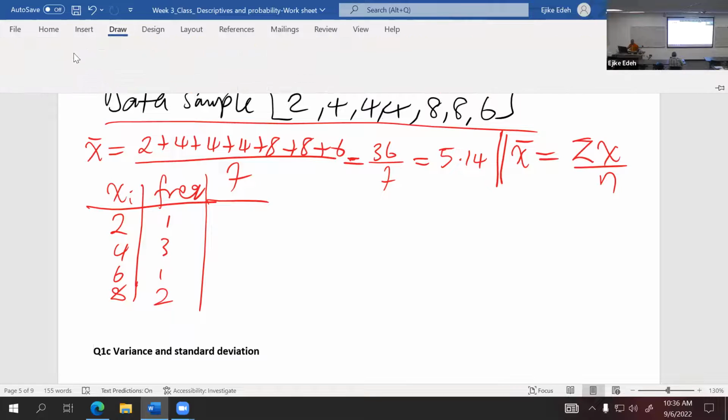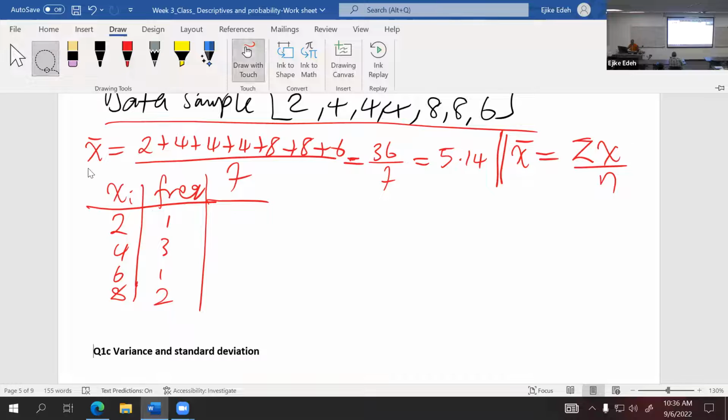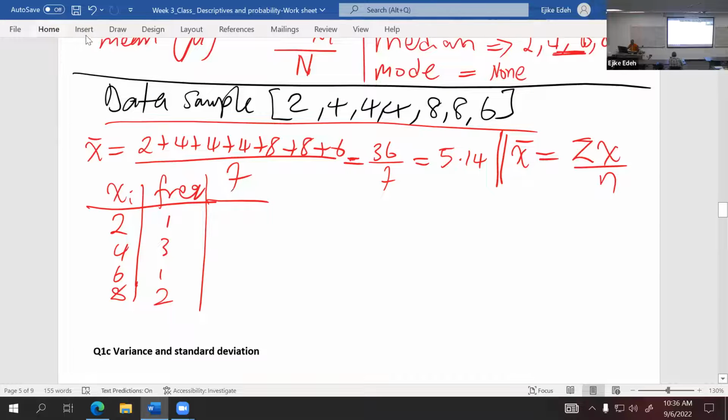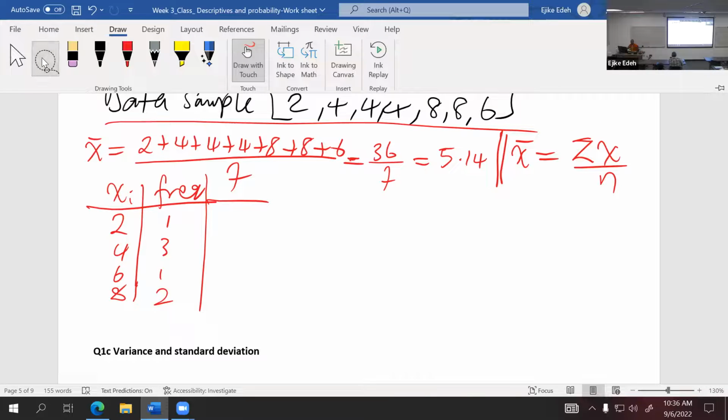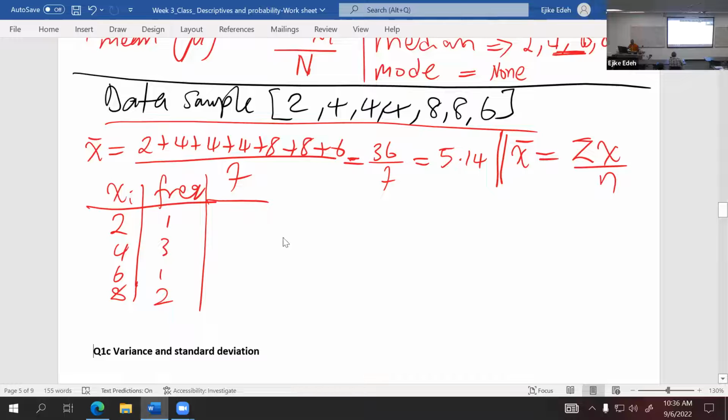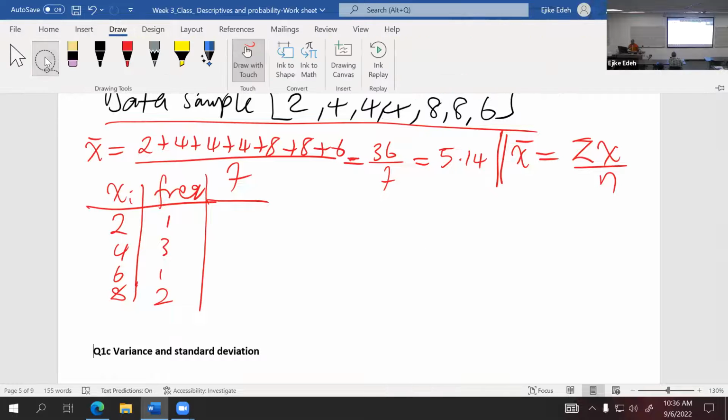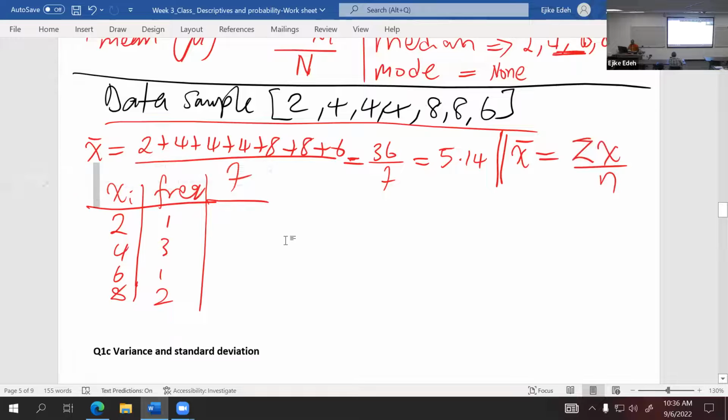I could decide to find the sum, or rather the product. Let me see if I can move this down. Is it possible? It's not working out.